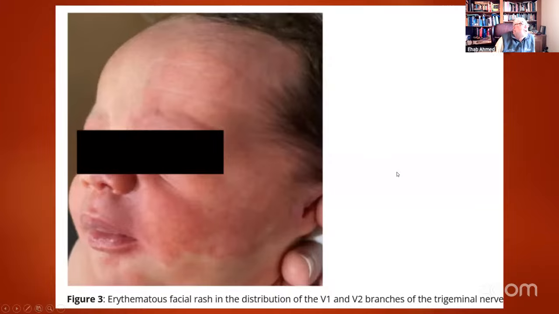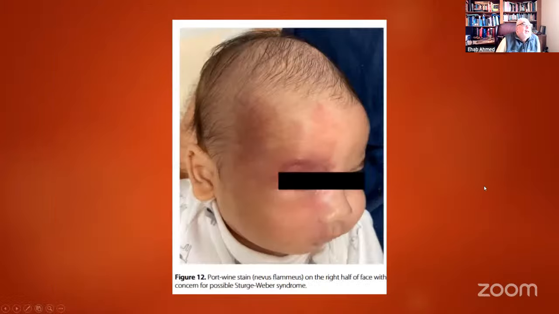After consulting the dermatologist and the geneticist, it was proved to be Sturge-Weber. This is the same port wine stain in the distribution of the trigeminal nerve. Both Faces and Sturge-Weber can be associated with congenital glaucoma.